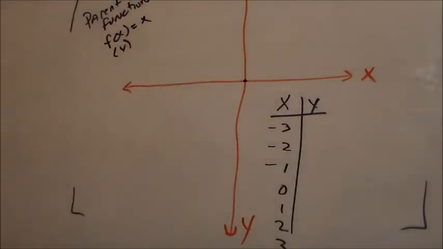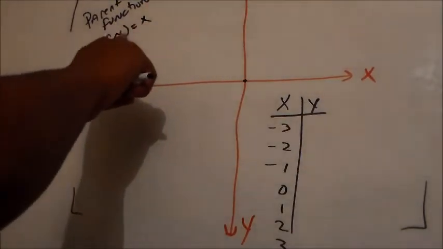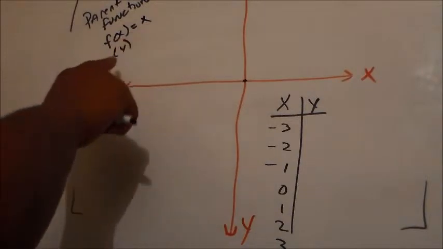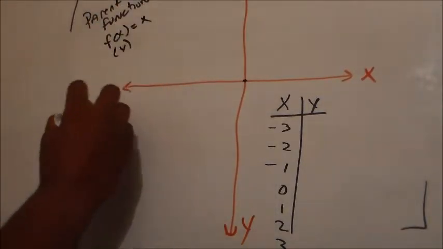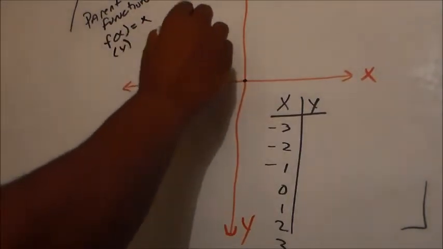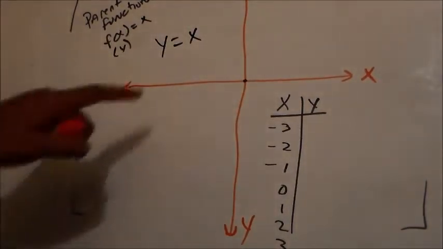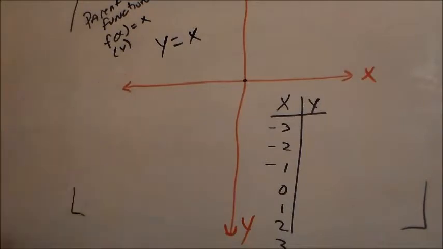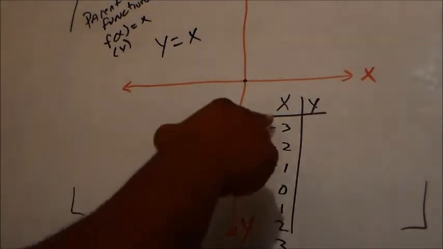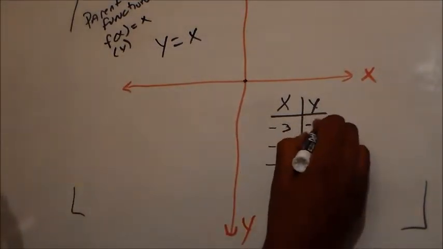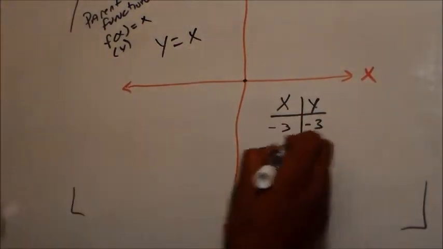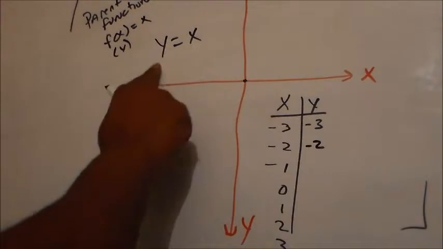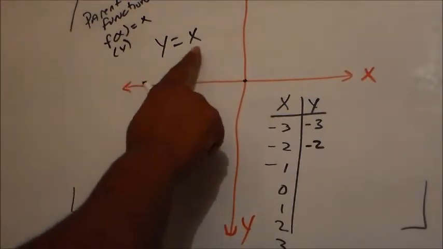So f of x. This is actually pretty easy, because if we think of this as y, just think f of x equals x. Just think y equals x. So whatever we plug in for x is going to be equal to y. So we put in -3, our y coordinate is going to be -3. We put in -2, our y coordinate is going to be -2, to balance out and make the equation true.